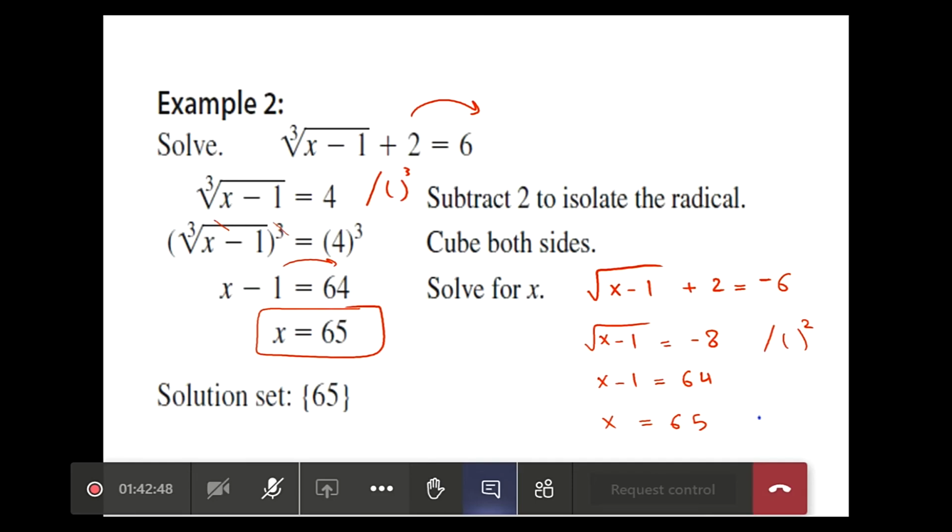Okay, Abdullah says yes. This is correct. Okay, substitute, Abdullah, here. Substitute x equal 65.